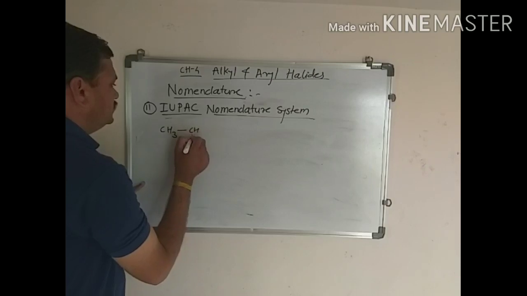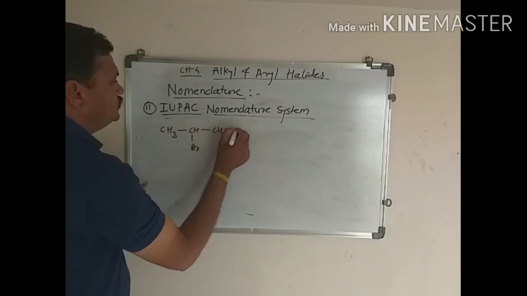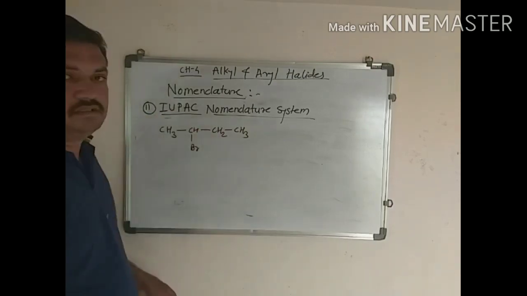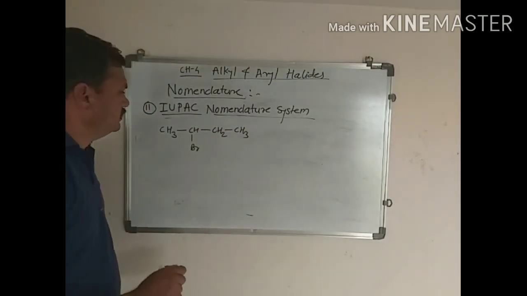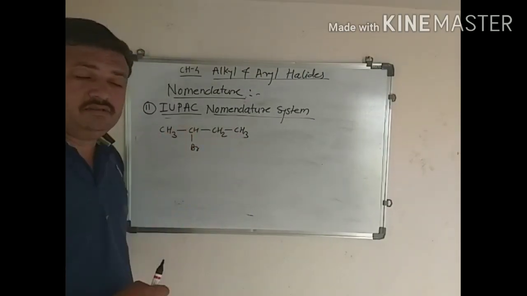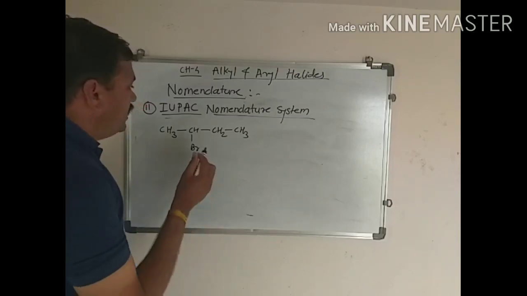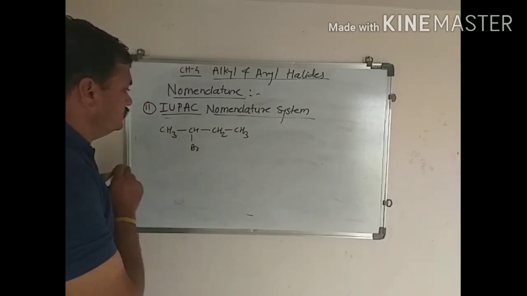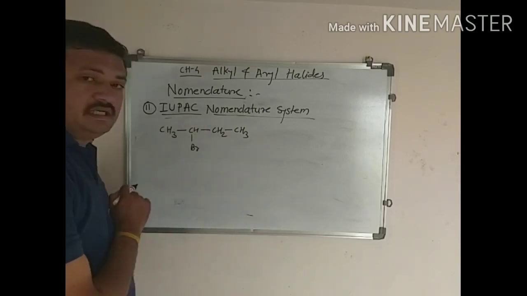CH3CHBrCH2CH3. First we have to select the longest continuous chain containing halogen atom. It is 1, 2, 3, 4, 4 carbon chain. That means parent alkane is butane. And while giving the number, we can give the number from either right hand side or left hand side.